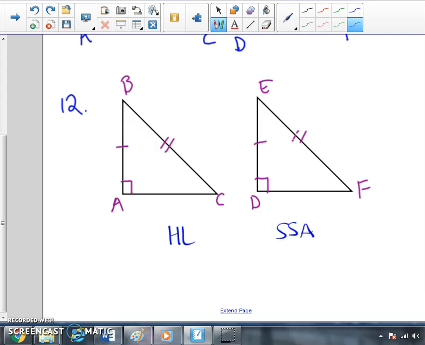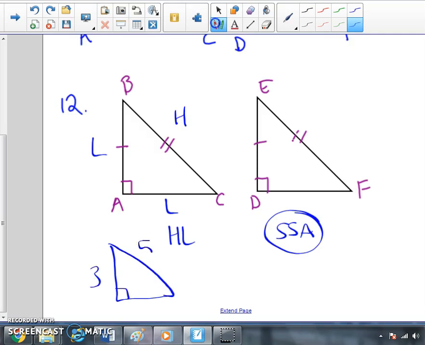So we know that we said you can't prove by side angle. But we're asked to say, can we say hypotenuse leg? Because in a right triangle, these are each of my legs, and that's my hypotenuse. So what we know that's interesting is if from Math 1, if I know this is a right triangle and I know this length is 3 and this length is 5, is it possible for me to get this missing length? And we said yes.